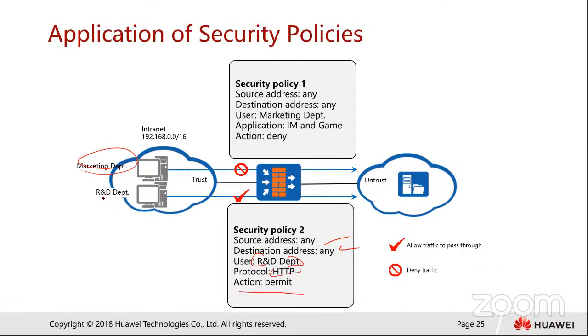So if this guy was trying to access the website of Huawei, huawei.com, do you think his packets will be permitted or denied? It will be permitted, because packets of HTTP are permitted in our security policy.